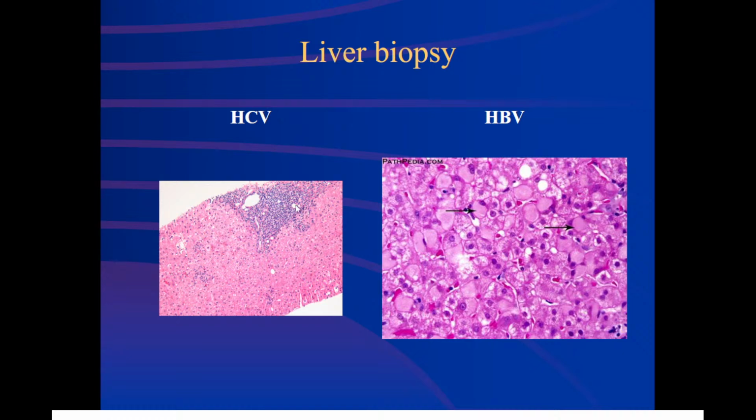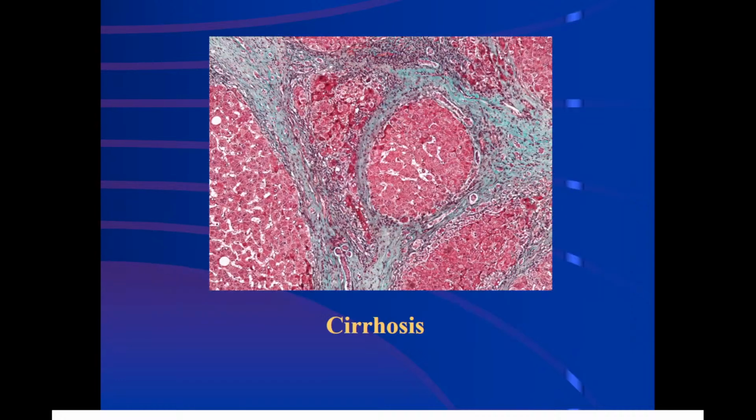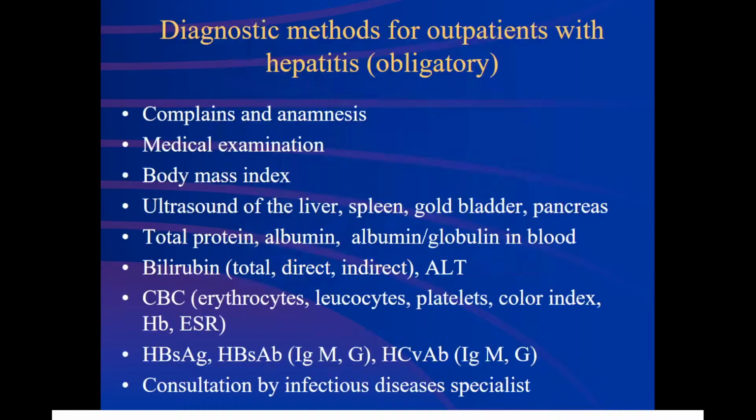Then liver biopsy in patients with chronic viral hepatitis C and chronic viral hepatitis B. In case of chronic viral hepatitis B, you can see so-called ground glass hepatocytes, which are a typical feature of liver in case of hepatitis B viral infection. And the most obvious changes with a lot of fibrotic area are in cirrhosis, in case of liver cirrhosis.